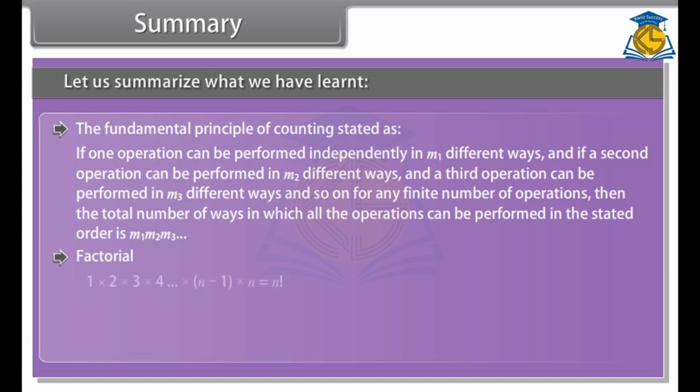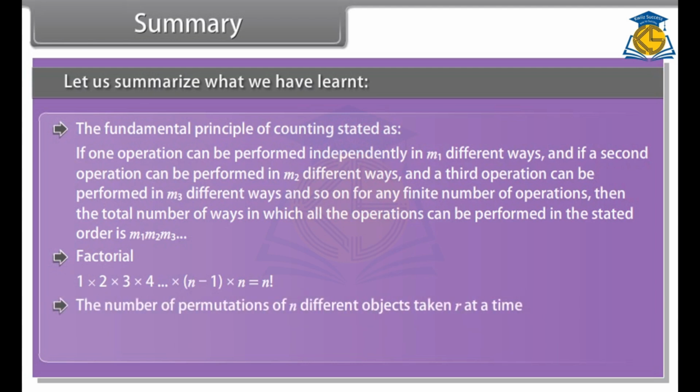Factorial: 1 into 2 into 3 into 4 up to n minus 1 into n is equal to n factorial. The number of permutations of n different objects taken r at a time, nPr is equal to n factorial by n minus r factorial, 0 is less than or equal to r is less than or equal to n.